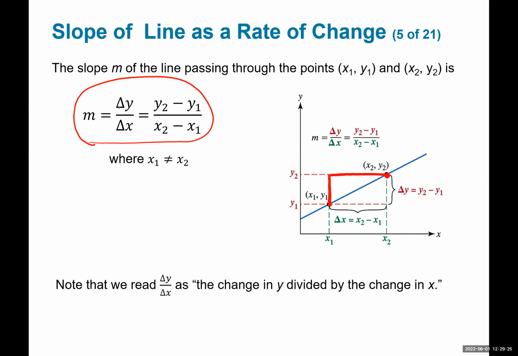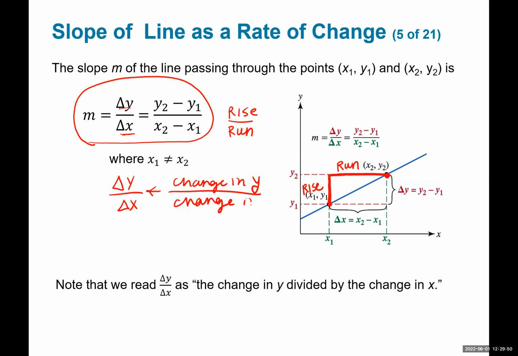So that's called the change in y over the change in x, rise over run. In high school, we say rise over run. In college, we say delta y, delta x, and we read this as change in y over the change in x. Okay.